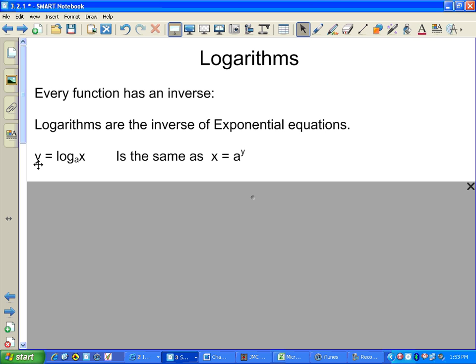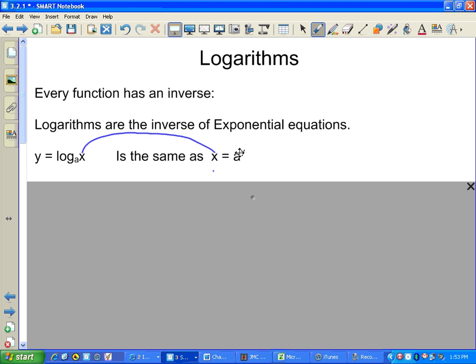So if I say y equals the log base a of x, that's the same as saying x equals a to the y. Okay, so notice where all these different parts are coming from. There's the x.